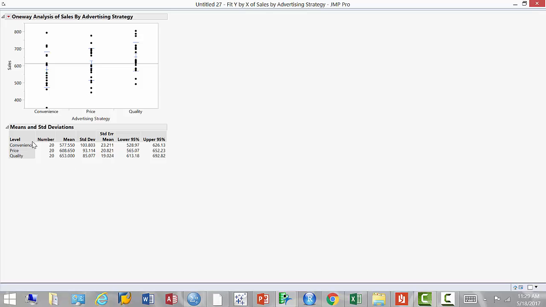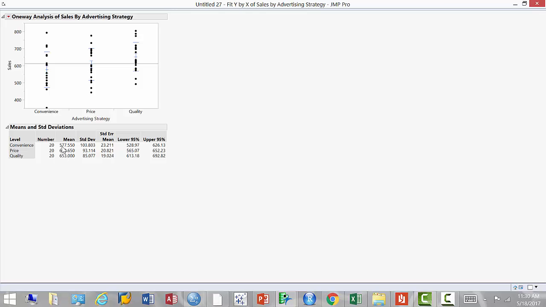So convenience, the first column right there, right? When I advertised based on convenience, my average sales per store during a week were 577 cans of apple juice concentrate. If I advertised based on price, it was 608.6, and if I advertised based on quality, it was 653.